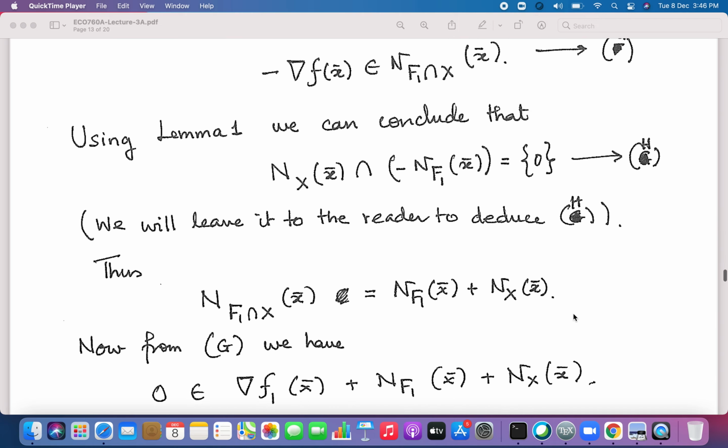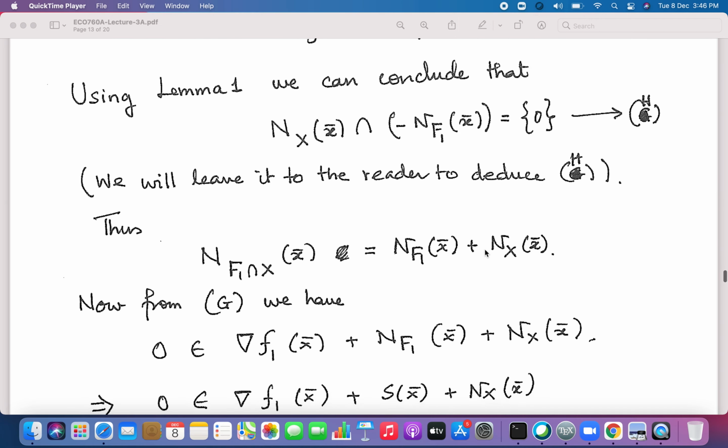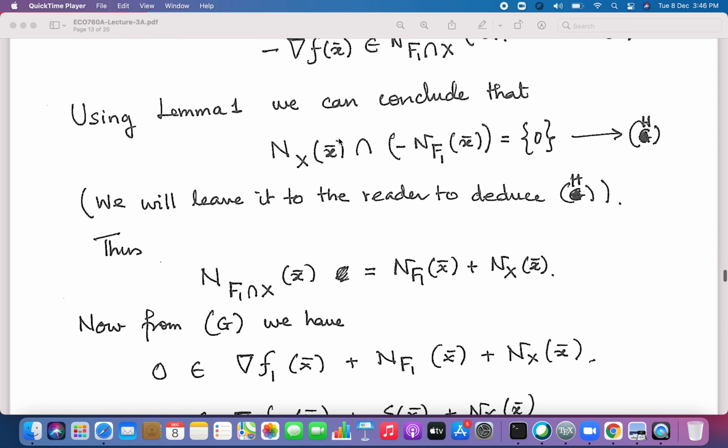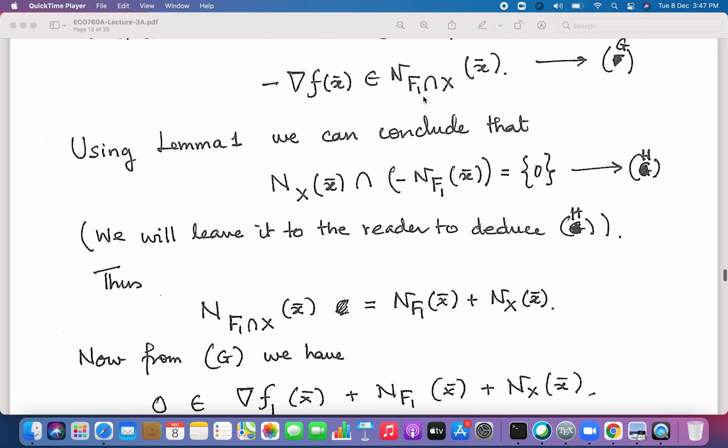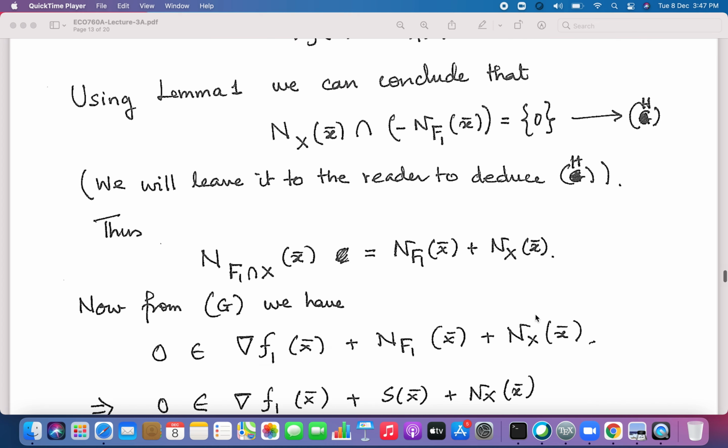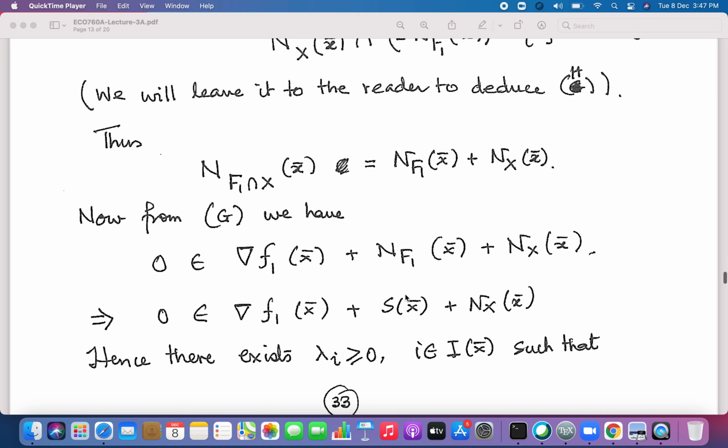From this result, I am taking the grad f on the right hand side to write 0 belongs to grad f(x bar) plus N F1(x bar) plus N X(x bar). Basically, I am replacing this condition with this sum. Now I already know that N F1(x bar) is S(x bar).